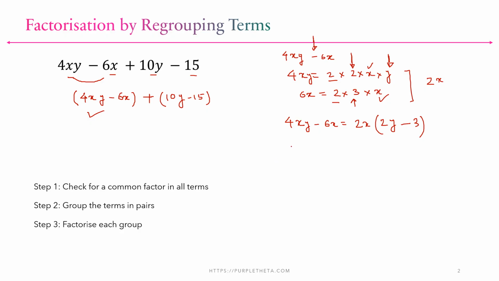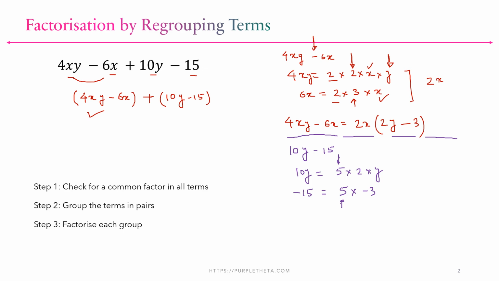Similarly, let us take the second group. For the second group, we have 10y minus 15. So 10y will be written as 5 into 2 is 10, then y. And minus 15, we can write it as 5 into minus 3 is minus 15. Here the common factor is 5.